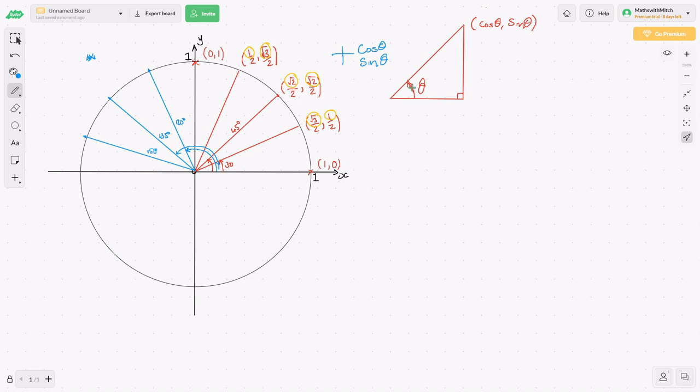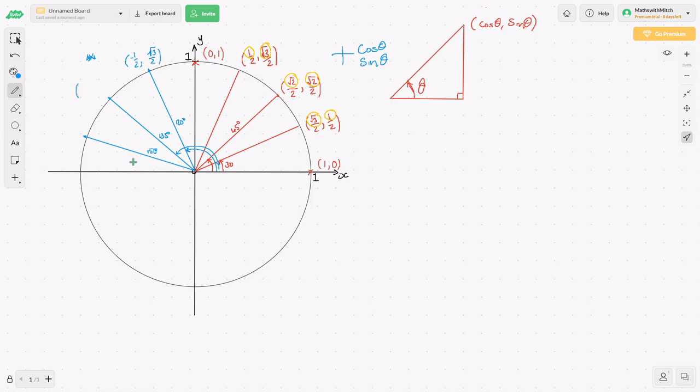But we know the coordinates because they're based on the same triangles. So here we can say horizontally it is negative a half, but in the vertical direction it's still positive, so it's still root 3 over 2.